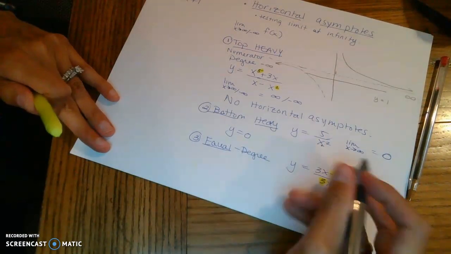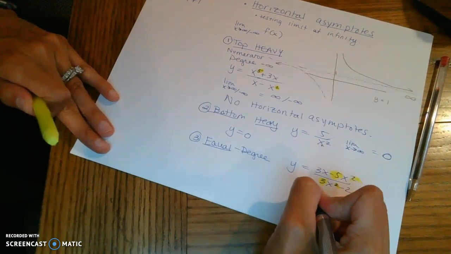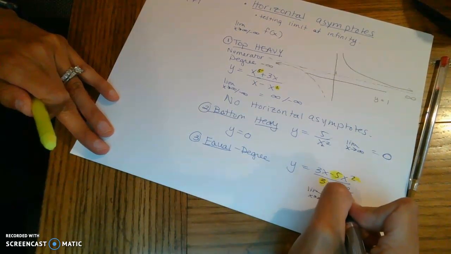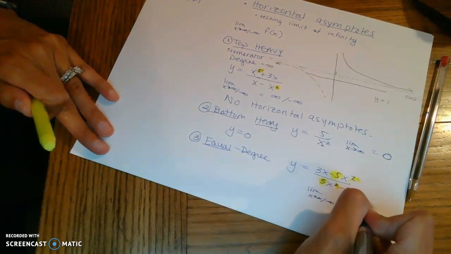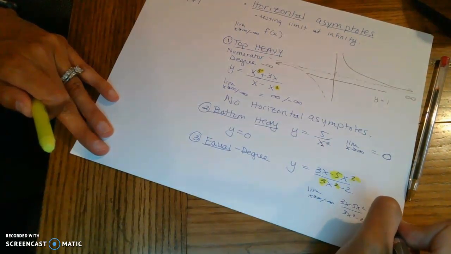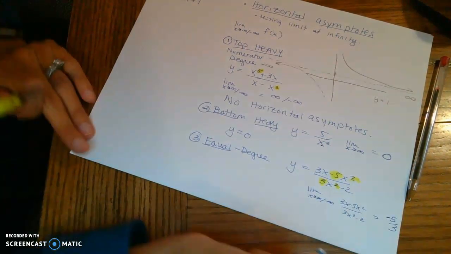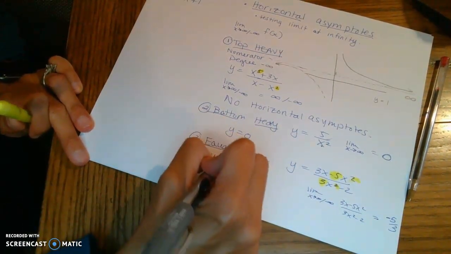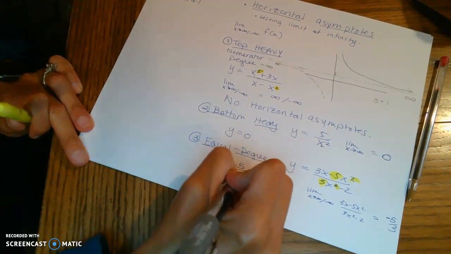Therefore, the limit of this function as x goes to infinity or negative infinity would equal negative 5/3. But when we're talking about a horizontal asymptote, it's the equation y equals negative 5/3.